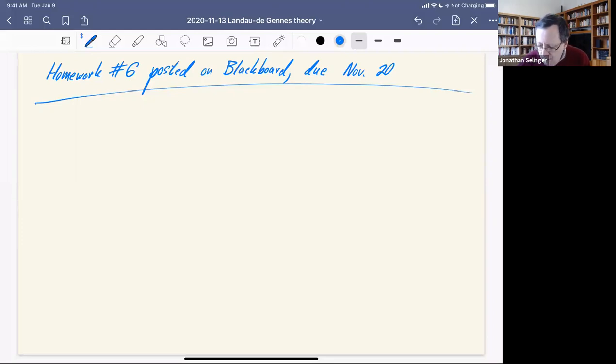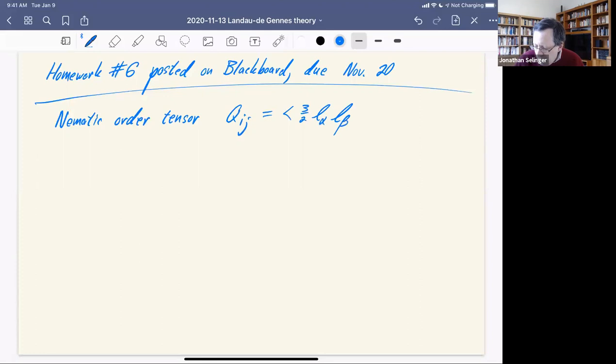As you recall, we have defined this nematic order tensor, a tensor order parameter for the nematic phase, and could write it as some Qij, which is the average of this quantity, 3/2 L alpha L beta minus a half delta alpha beta.